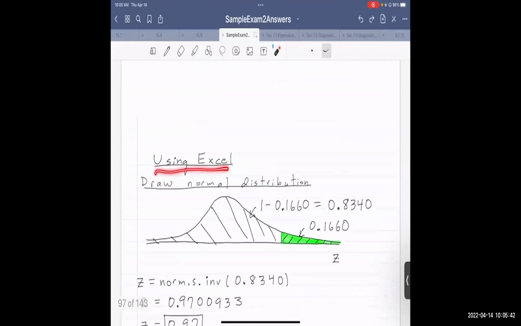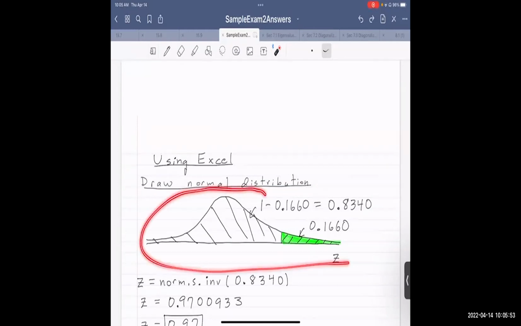I could do this using Excel. So let me draw my normal distribution, and the area that I want is this area here. I want to find a z-value for this area.